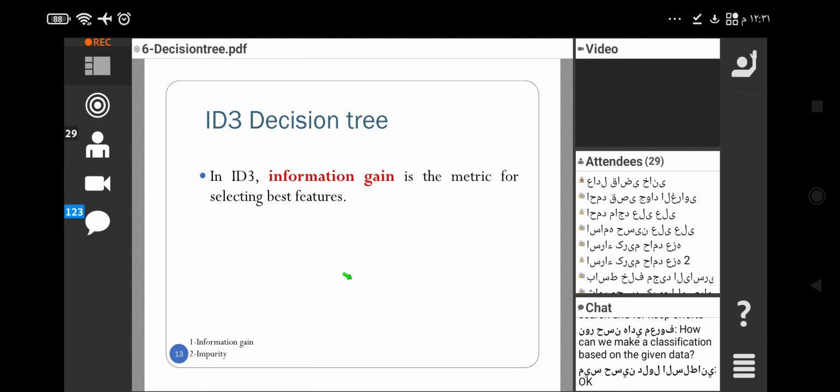Information gain is a metric for selecting the best features.